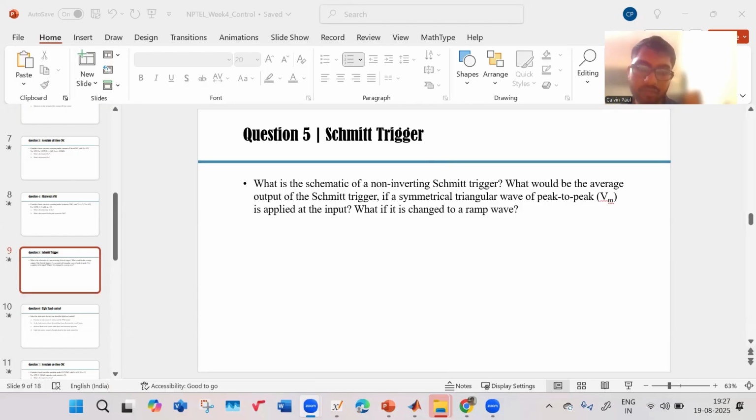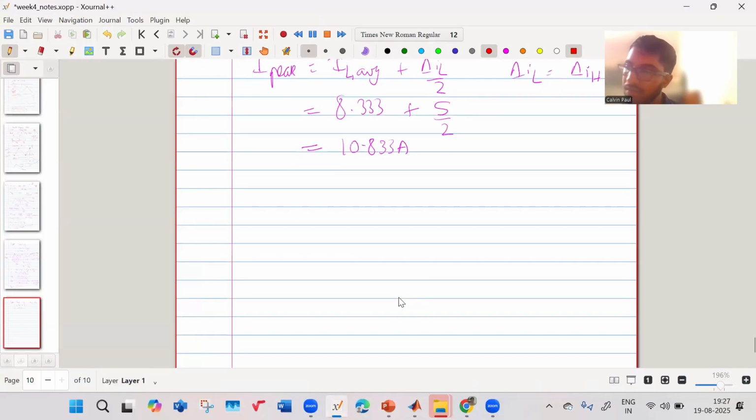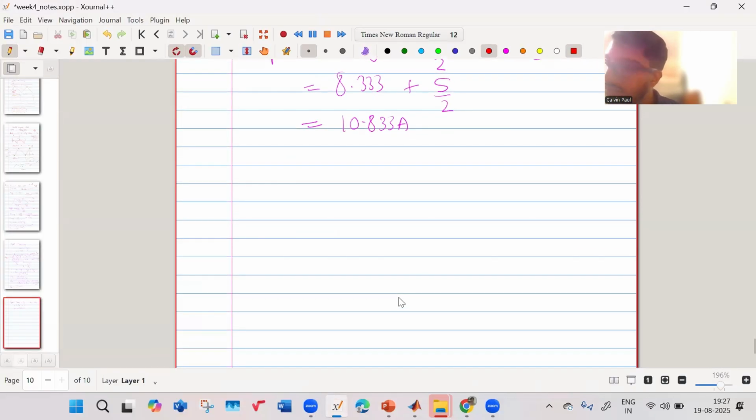So you have an op-amp. This is the positive terminal. This is your V output. This is your signal V in.